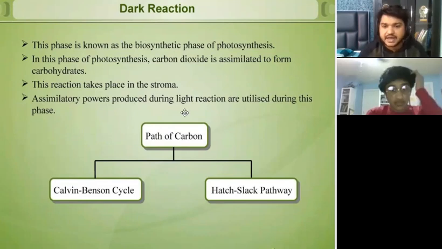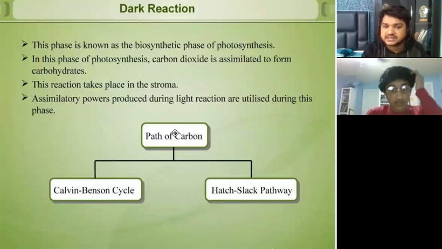Now we have the two pathways. In plants we have two kinds of pathway by which they form the glucose. First is the C3 pathway, and the other is the C4 pathway, carbon 3 and carbon 4 pathway. So we can form the glucose by two modes.